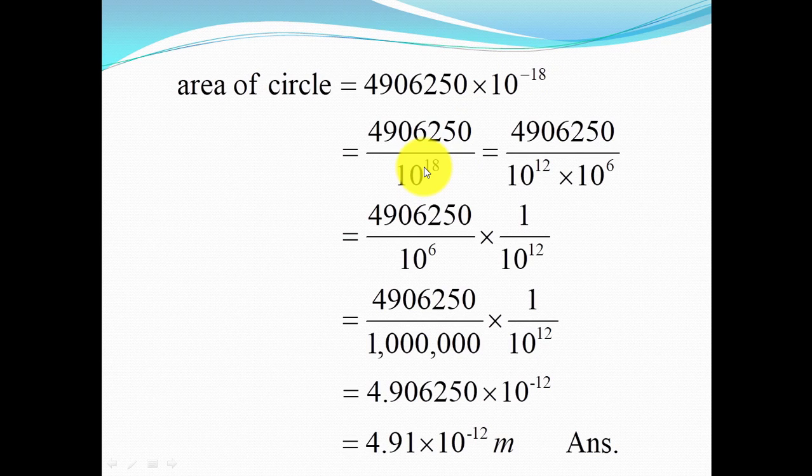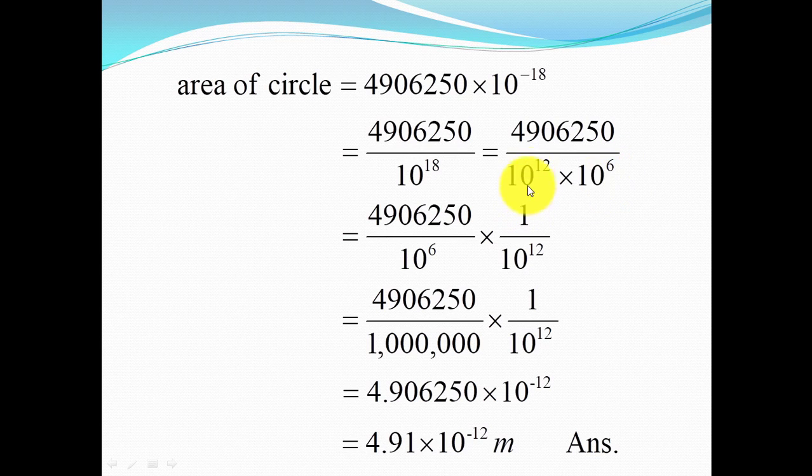And as you know from the very basic classes, if the bases are the same, then powers can be added. So base 10 and base 10 are the same, so powers add: 12 plus 6 is equal to 18. We can write 10 raised to power 18 as 10 raised to power 12 multiplied by 10 raised to power 6.